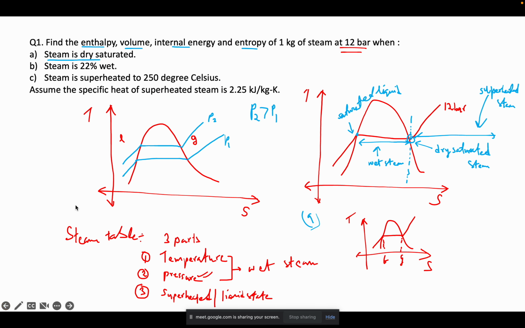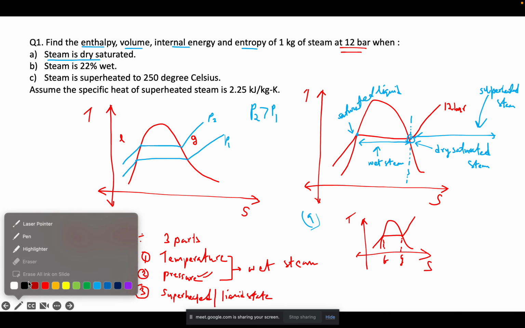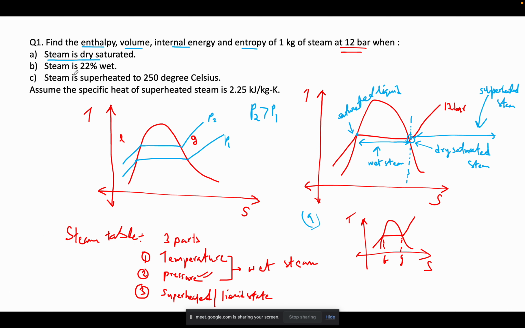So what are we required to calculate now? We are required to calculate the enthalpy, that is h, volume, internal energy and entropy of 1 kg of steam, that is per kg, if the steam is at 12 bar and the steam is dry saturated.